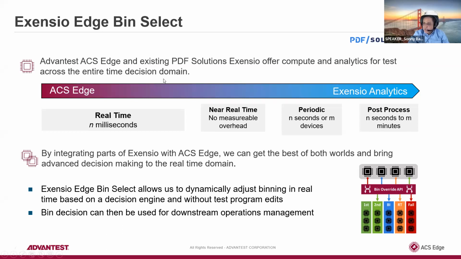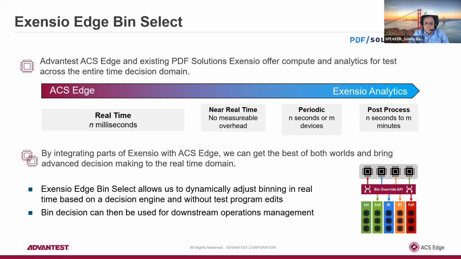And by integrating, this is one example of a partner, PDF Solutions, where they integrated their solution called Exensio with ACS Edge. By doing that, we can get the best of both worlds. What it does is dynamically adjust binning in real time based on the decision engine, and again, without any changes to the test program. That's the big thing.